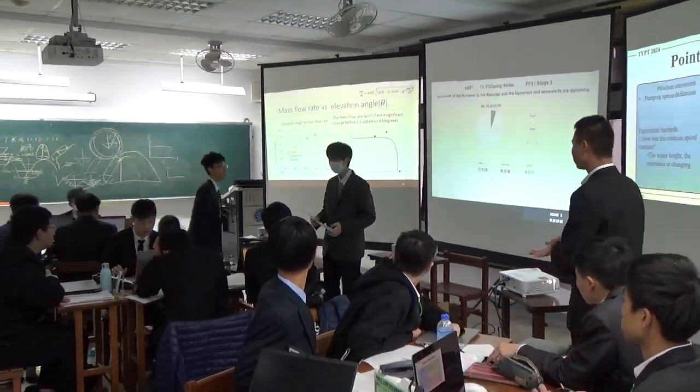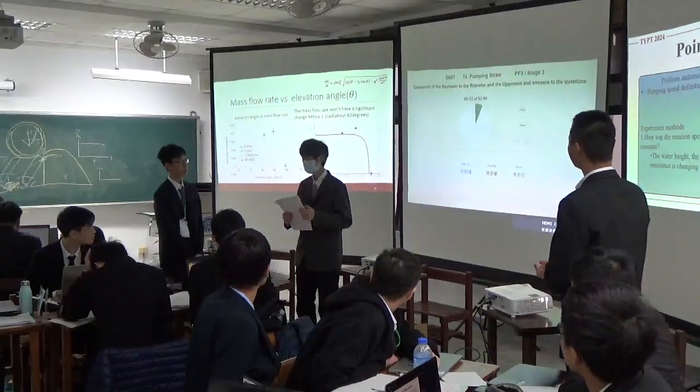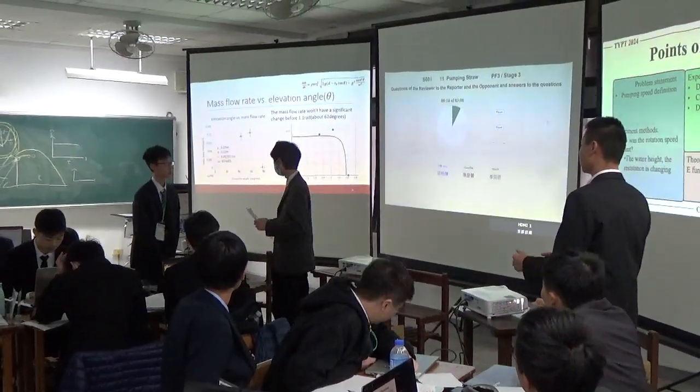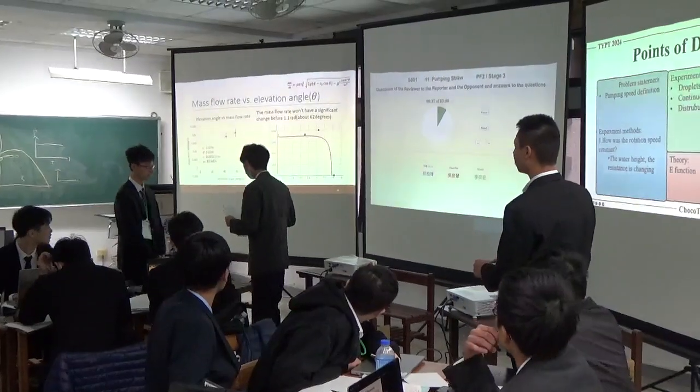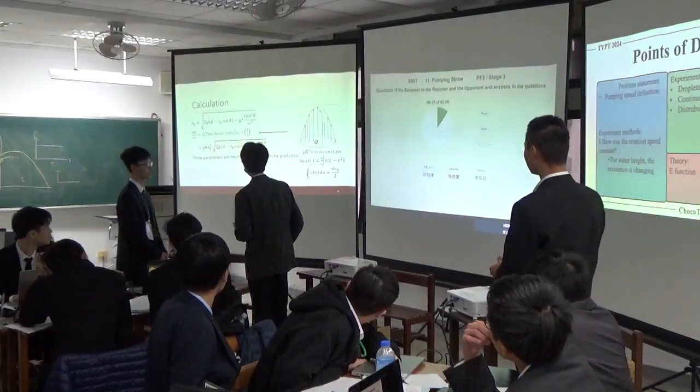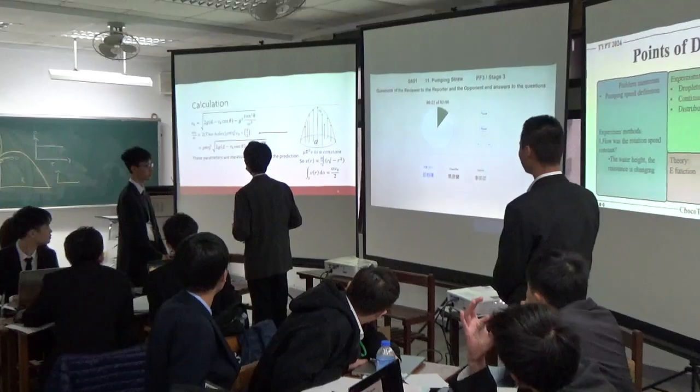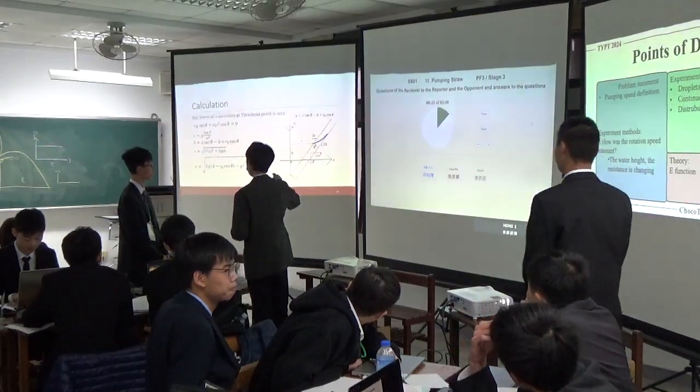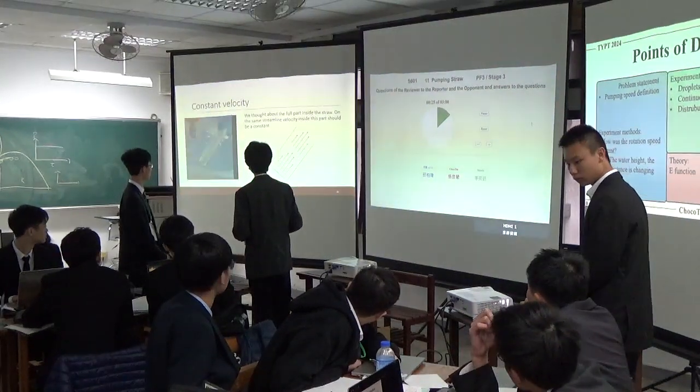Okay, so the first question is for the reporter. I would like to ask, can you explain more about what causes the deviation from the theory? Because in the graph, I still see the difference.